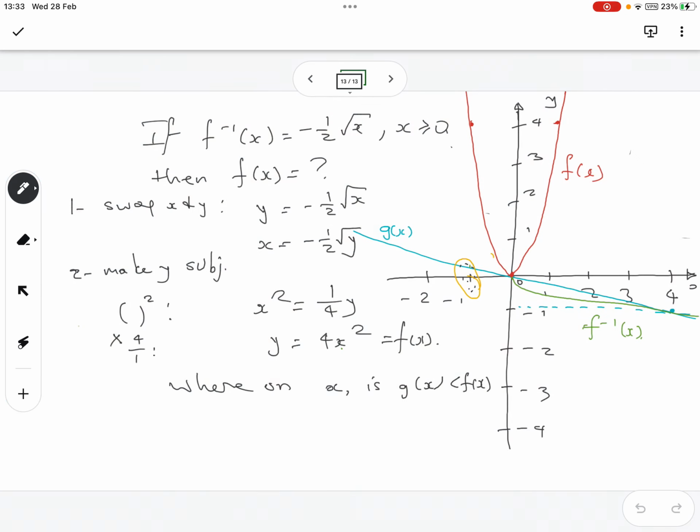Let's first write the equations. The majority of them, but we want to know exactly from where we start having g of x less than f of x. So g of x, our straight line, is negative a quarter x. And our f of x we found is 4x squared.